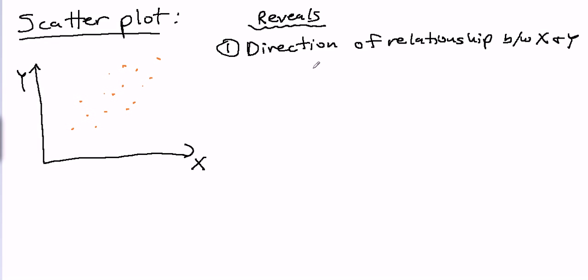As far as direction is concerned, we're talking positive, negative, and sometimes null, meaning no direction. There's no clear direction. So we'll confine our choices to one of these.